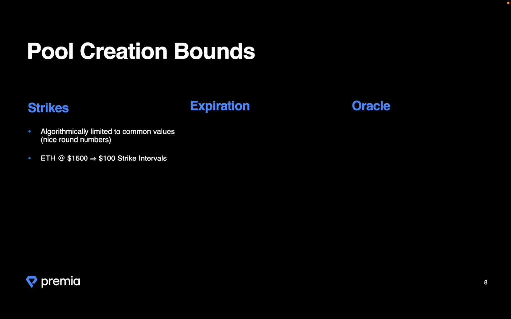So we have algorithmically a system that limits the intervals given the price of the underlying market. In this case, just as an example, for ETH, if ETH were trading at 1,500, the strike intervals that would be allowed are $100 intervals.